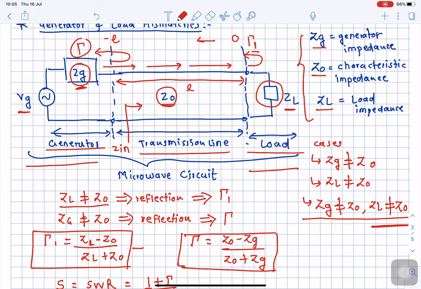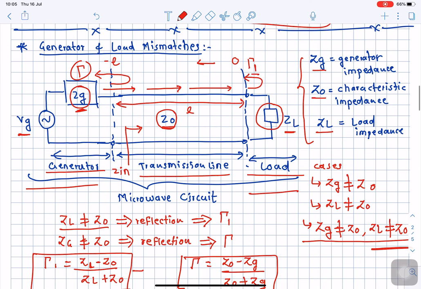Okay, so what will happen here is, we will now discuss cases in which we will get mismatches between the load and generator side. We are going to discuss the phenomenon of mismatching between generator and load impedances, because of which reflection tends to happen.